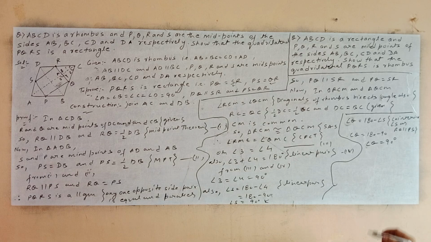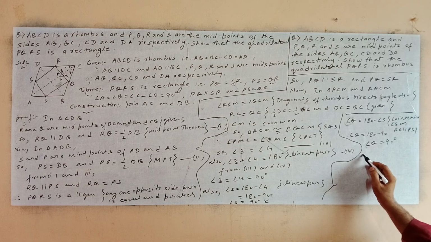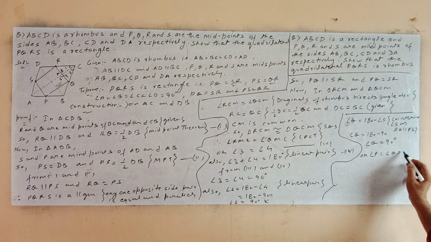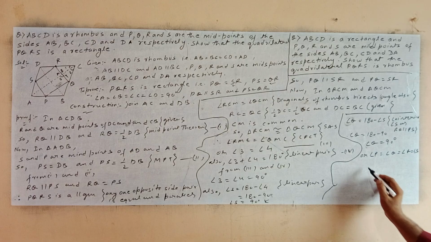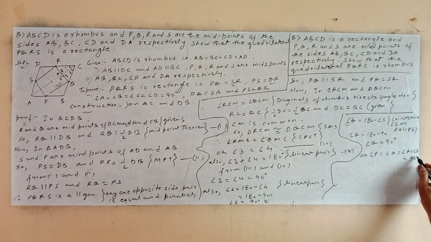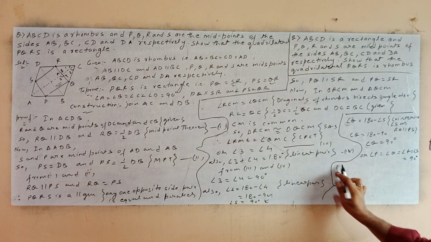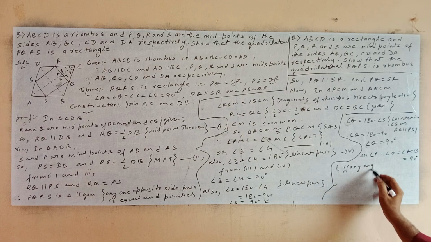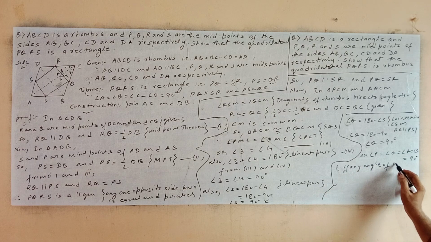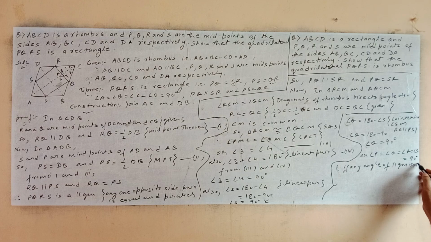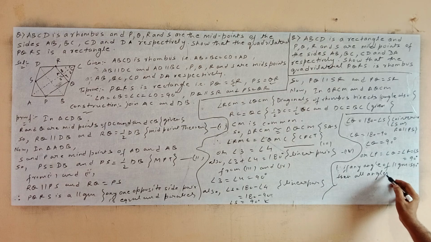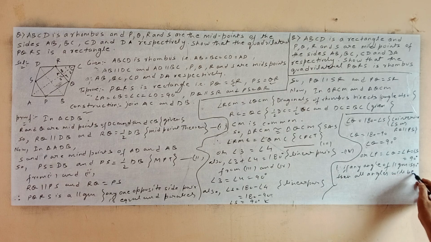Okay. So you can write angle P is equal to angle Q is equal to angle R is equal to angle S is equal to 90 degrees because if any angle of a parallelogram is 90 degrees, then all angles will be 90 degrees.